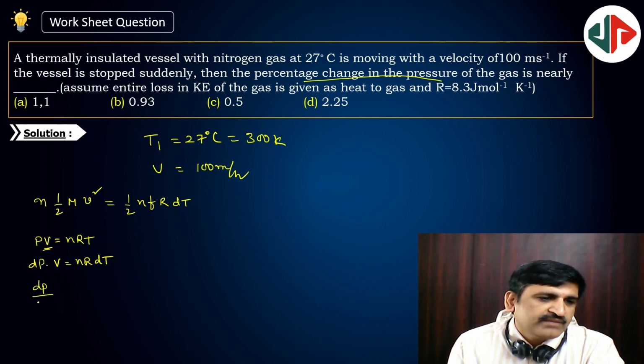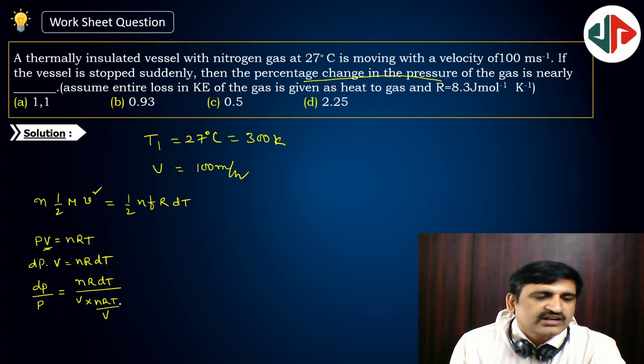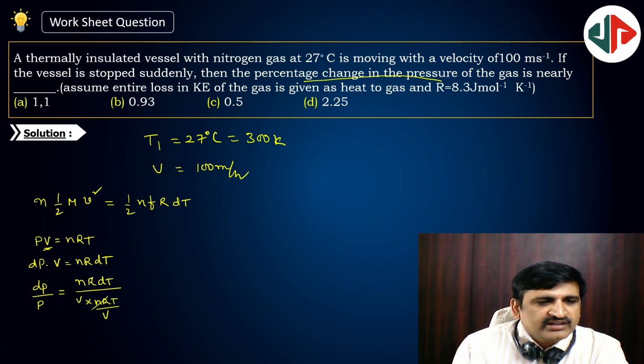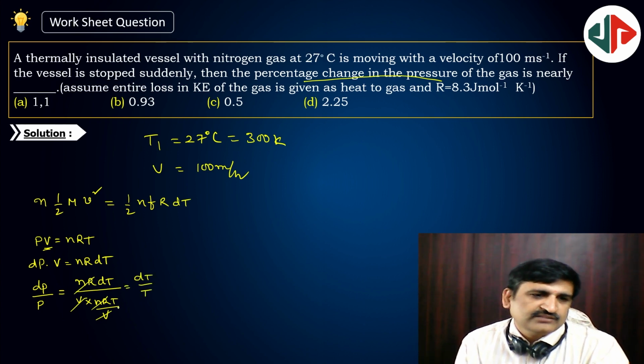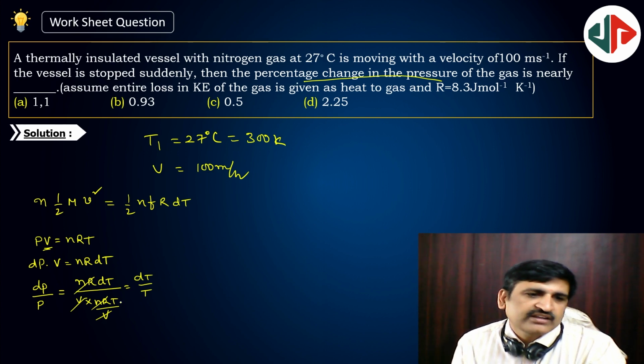So dP by P is equal to nR dT by V into P, that is nRT by V. nR will go, V will go, so it is just dT by T.